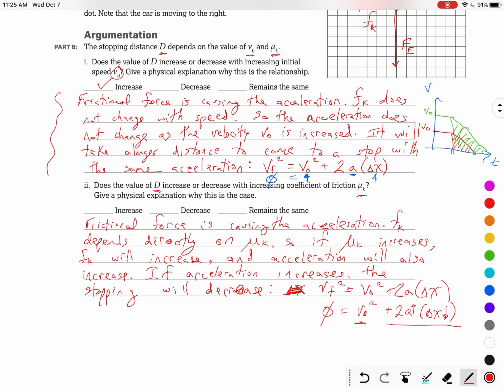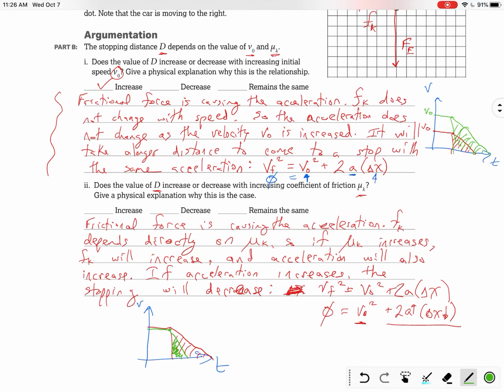If you want to look at it on a velocity time graph, we have the initial velocity with that acceleration and that stopping distance, and we have the same initial velocity but a greater acceleration, so a steeper slope.